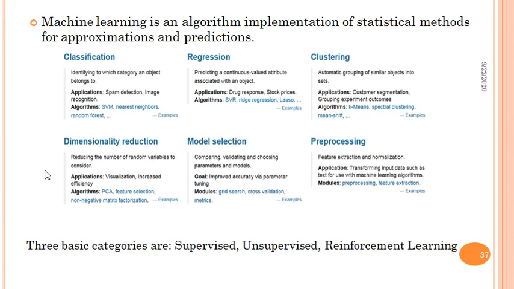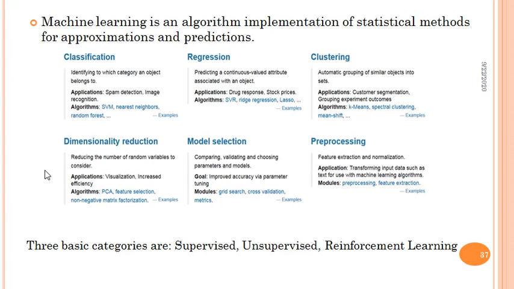The applications of dimensionality reduction are visualization and increased efficiency. The most commonly used algorithm to perform dimension reduction is PCA, which is principal component analysis. We also use some feature selection strategies and non-negative matrix factorization.